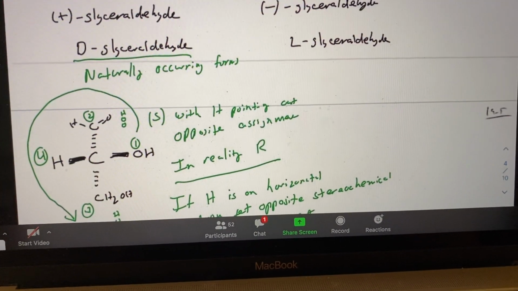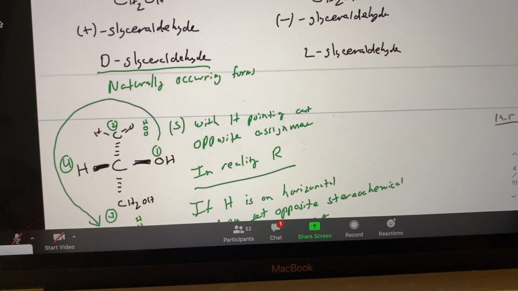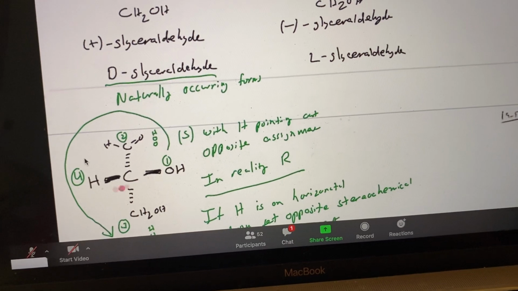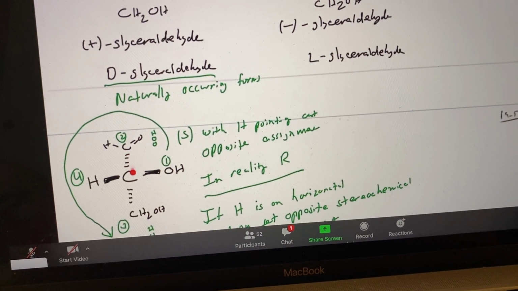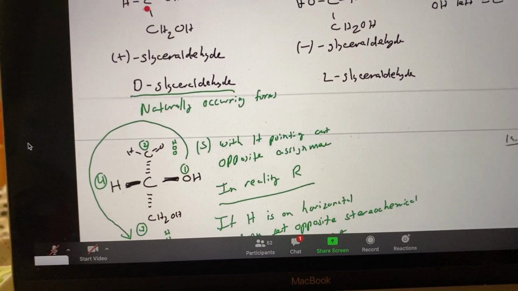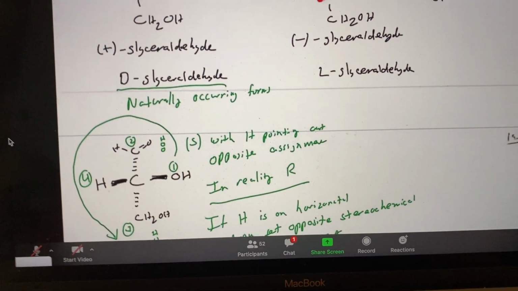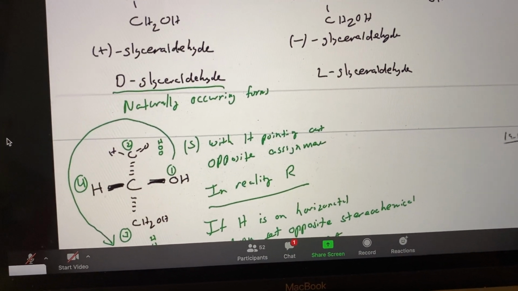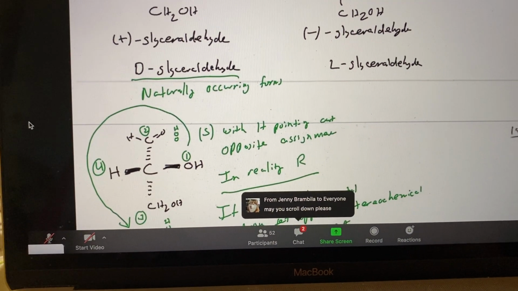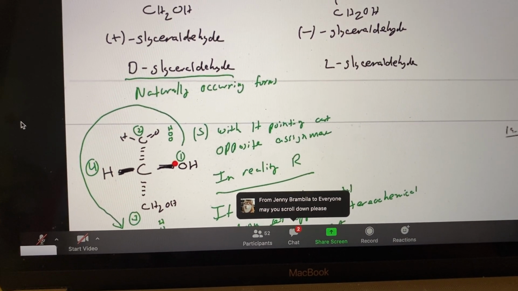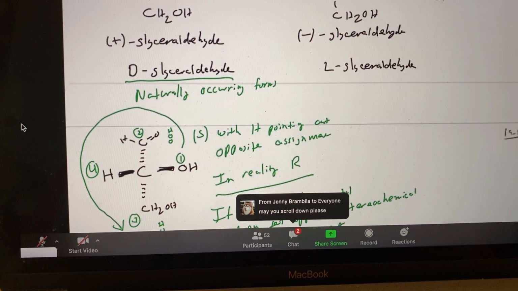So a couple of things to keep track of here to review. From this Fischer projection, the groups that are on the horizontal lines are coming out at us. The groups that are on the vertical lines are pointing away. So to determine the R or S assignment, the easiest way to do it is to go through and assign priorities, 1, 2, 3, and 4, like we would do normally.